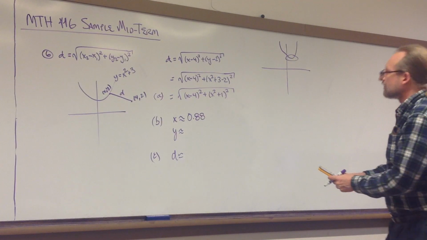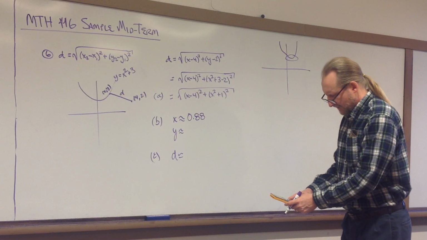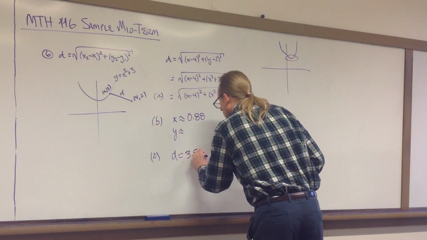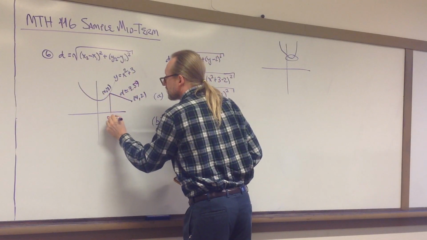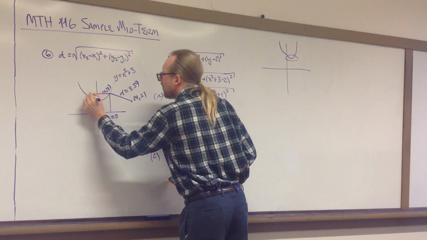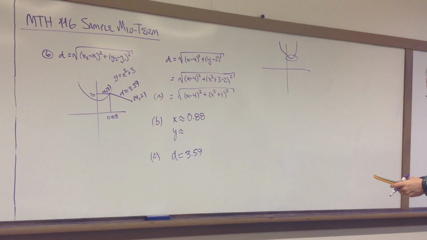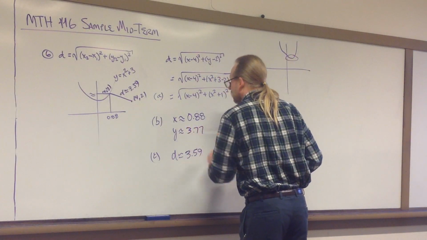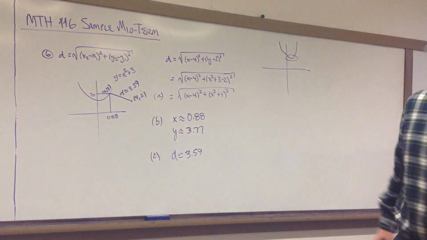And actually the calculator will calculate y for you, I'd have to enter it. All right, the d is 3.59. So that's this distance right here, 3.59. This x is 0.88. And now I'm going to calculate that y coordinate right there by doing 0.88 squared plus 3. That gives me 3.77 on the y. And there we go. Okay. That's problem 6.